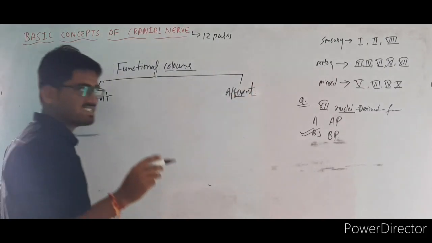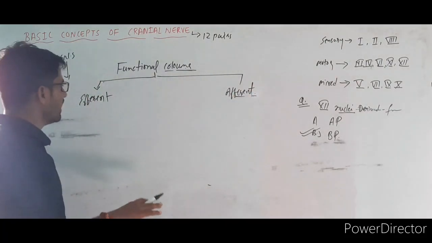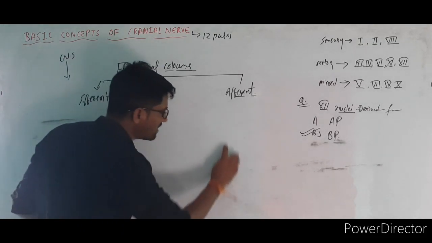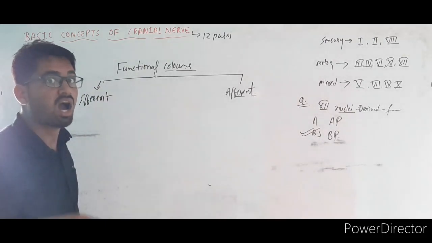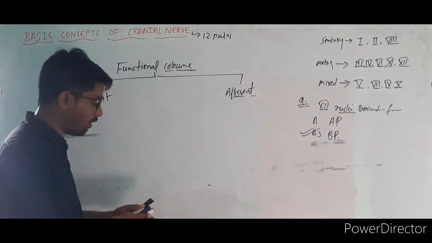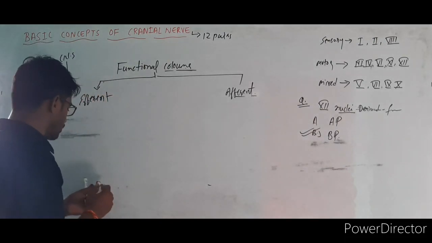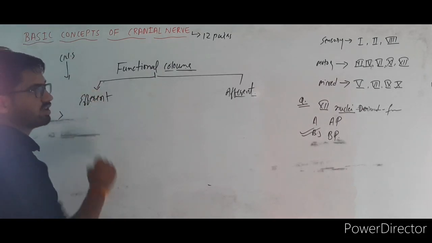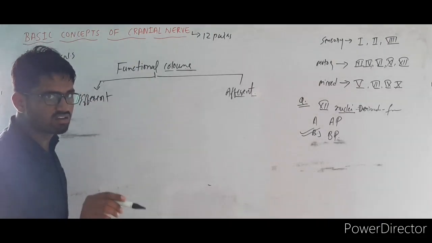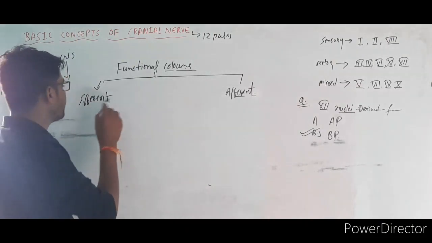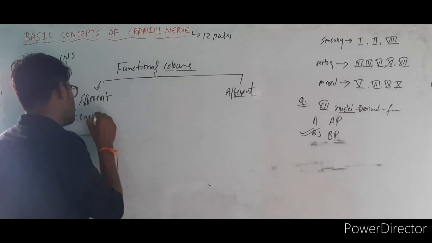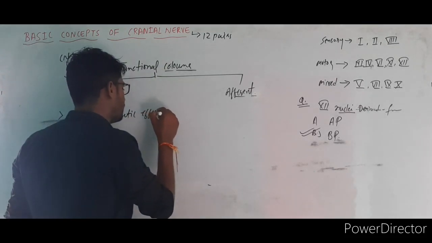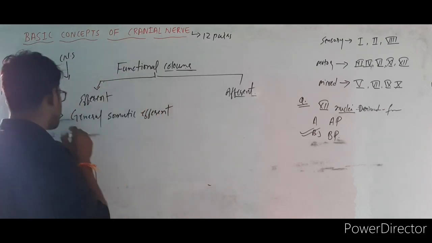Now there are various types of fibers. Let me write here fibers, and after that I will explain. How you have to remember, not just remember, but the actual concept. First, the efferent fibers.